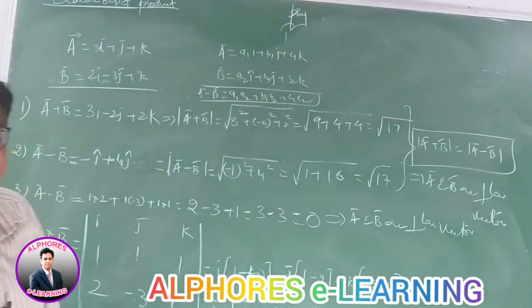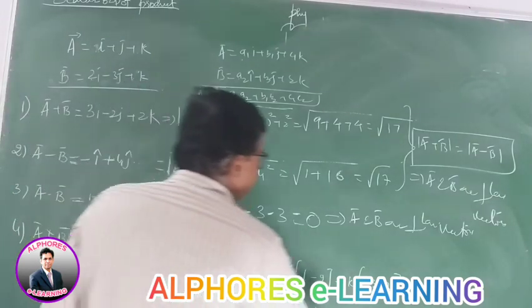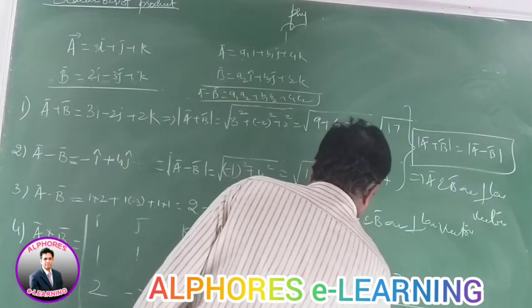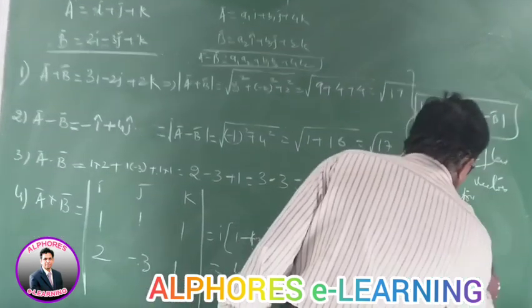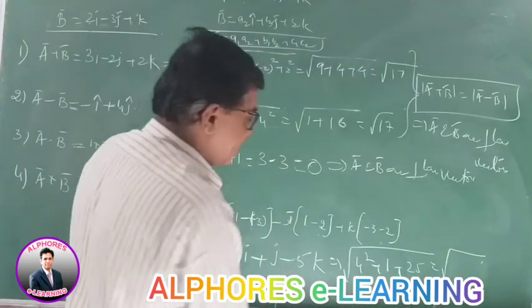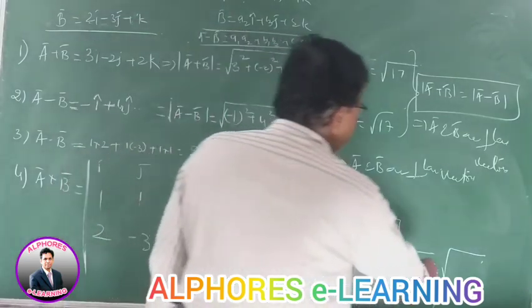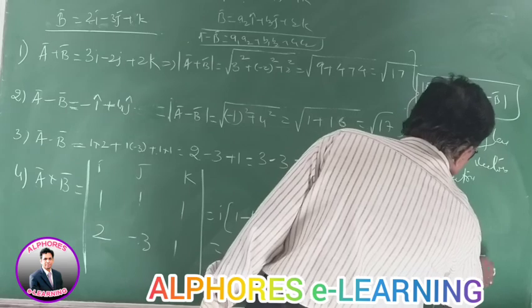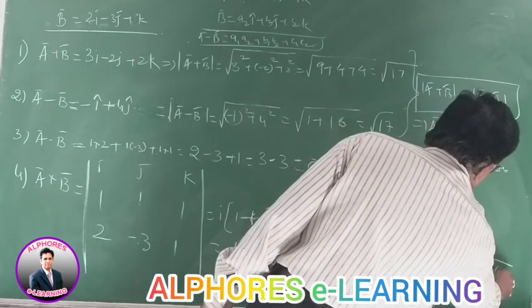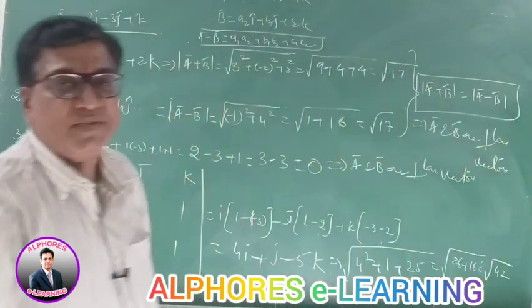This is a cross b. If you want the magnitude, it is the square root of 4 squared plus 1 plus 25, which is 16 plus 1 plus 25, the square root of 42. This way you can find it.